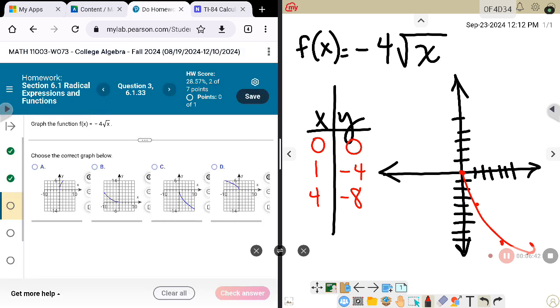So again, when you are looking at these, make sure that you see that the x and y axes, the in between lines are going by 2s, 2, 4, 6, 8, 10. So that's why it'll look a little different than what I'm drawing and what's in your calculator, simply because their scale is going by 2s.